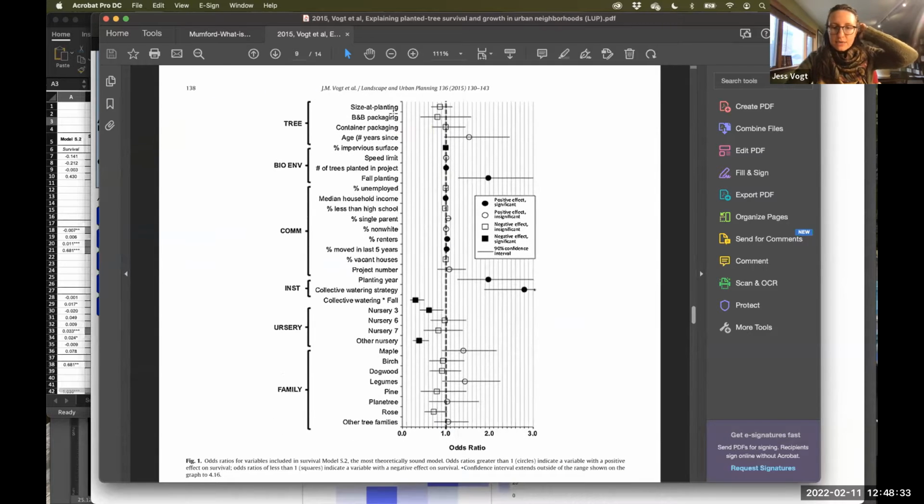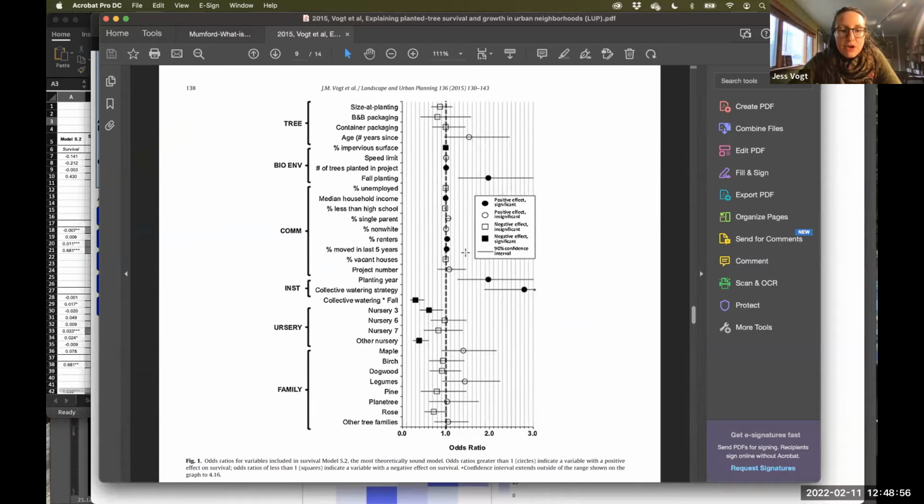It's how much more likely a tree in this case is to survive based on the presence or absence for dummy variables, or for a unit increase in the independent variable here.